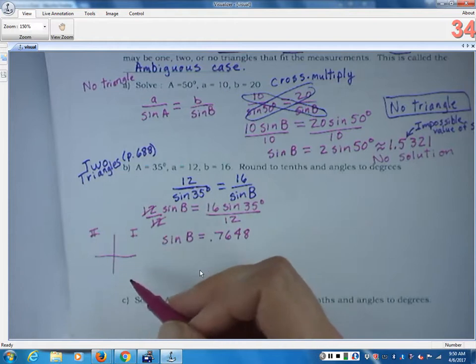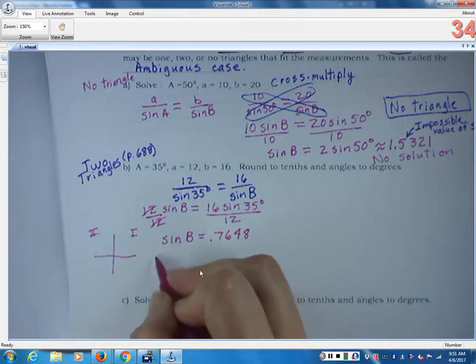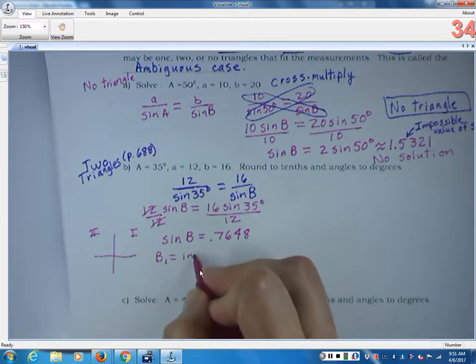So we're going to take the inverse sine and get B1.